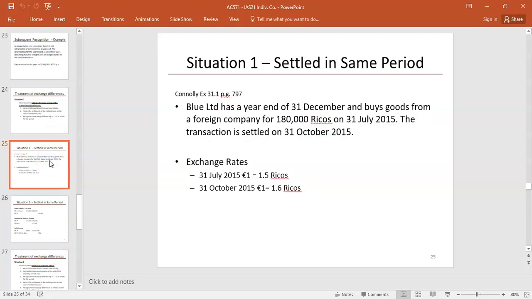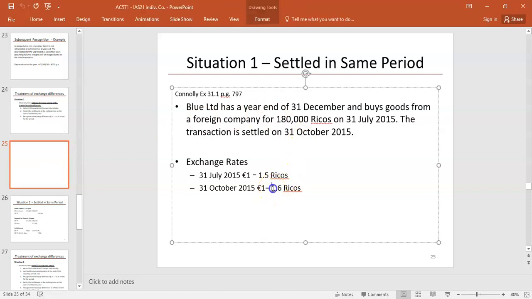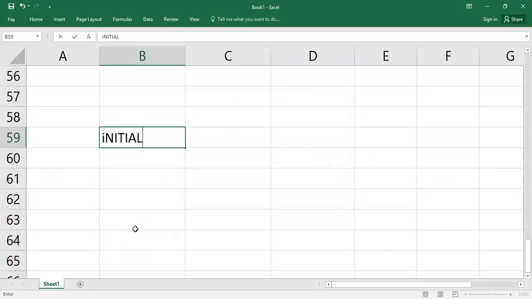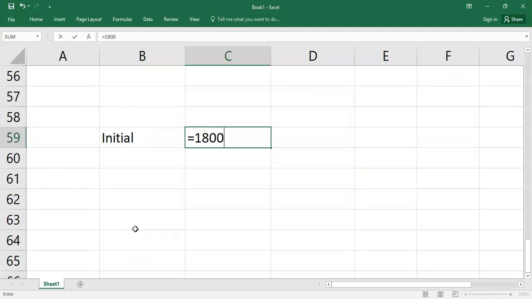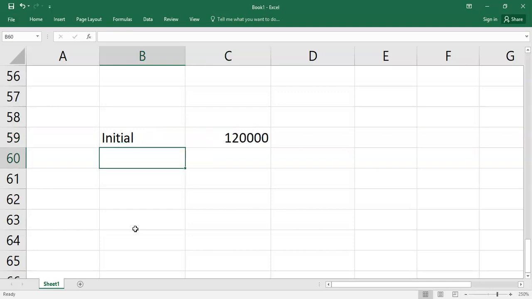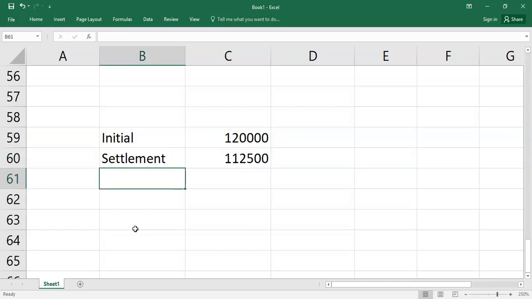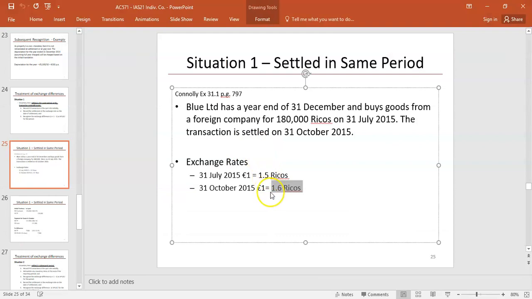Now at the end of October, on Halloween, they settled it when the exchange rate was 1.6. So let's just work through that. Initial will be 180,000 divided by 1.5. Settlement will be 180,000 divided by 1.6. So what has happened here is the exchange rate, the rico, has weakened.